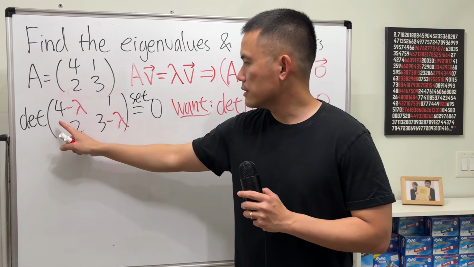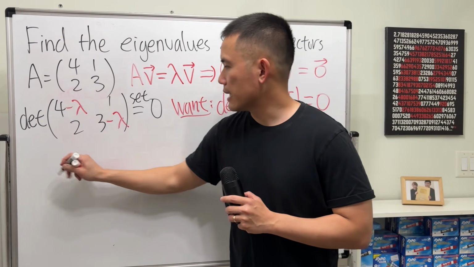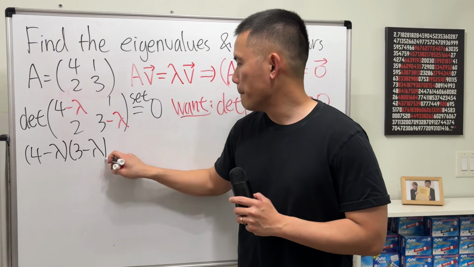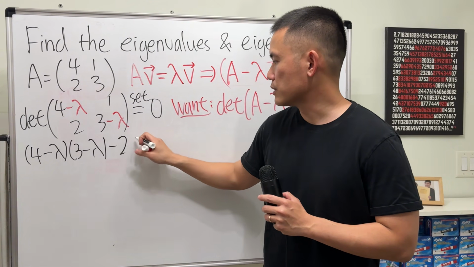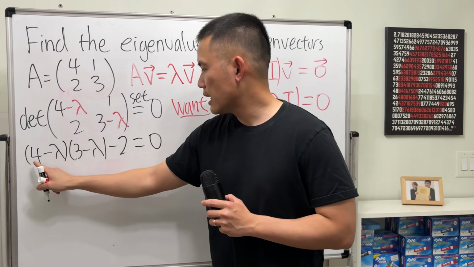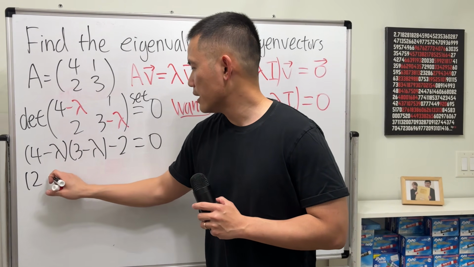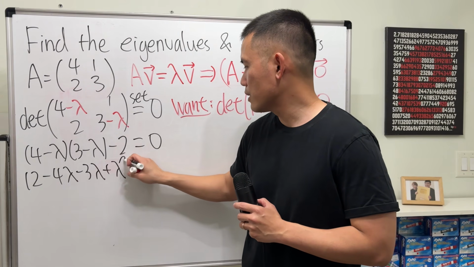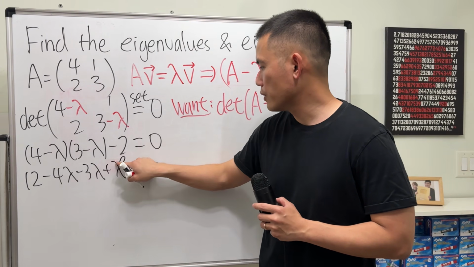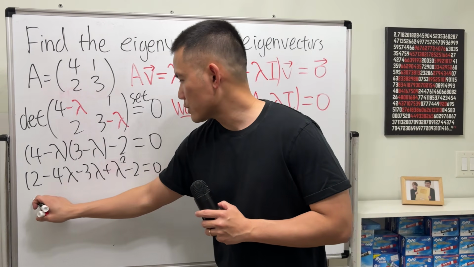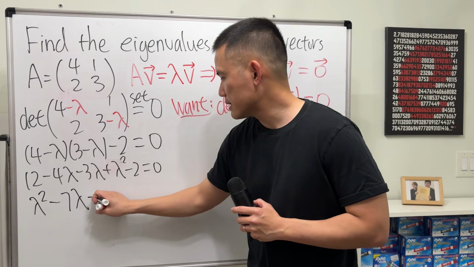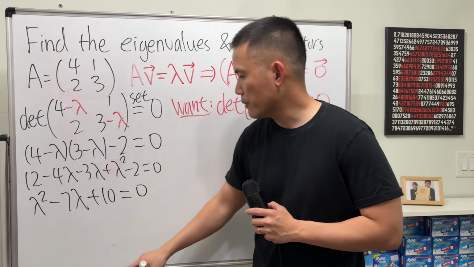Now, for this determinant, we do this times that, and then minus this times that, which is just 2. All right, multiply it out, so that's 12, minus 4 lambda, minus 3 lambda, plus lambda squared, minus 2 is equal to 0. And we have lambda squared minus 7 lambda plus 10 equal to 0.